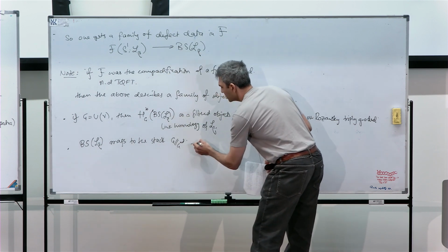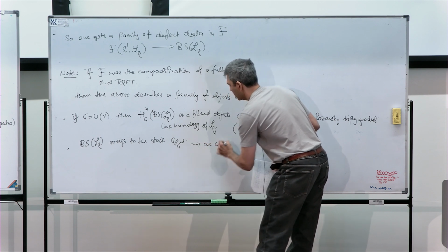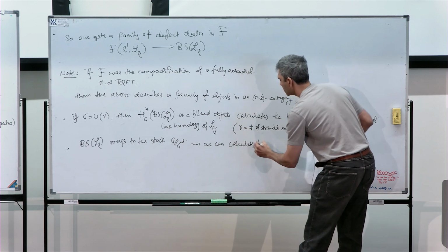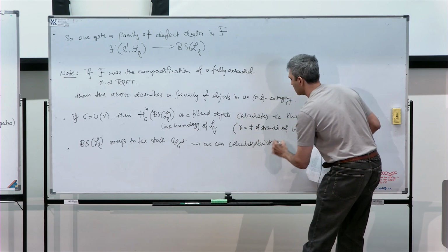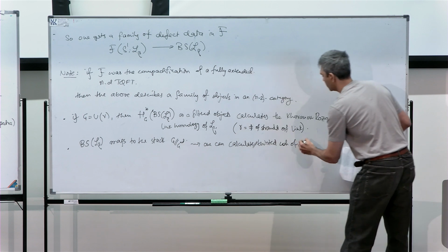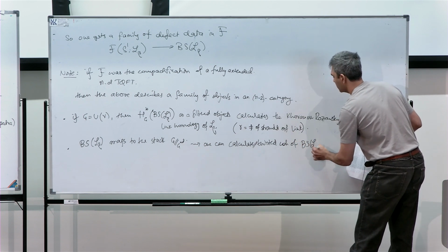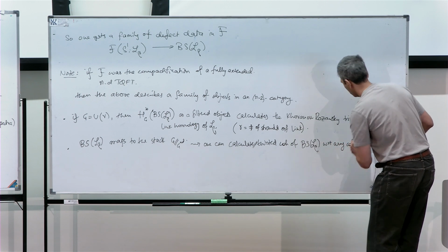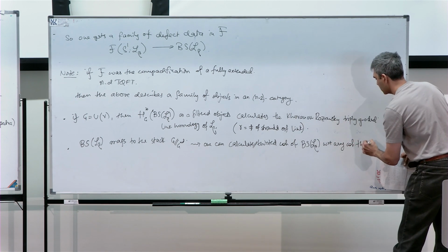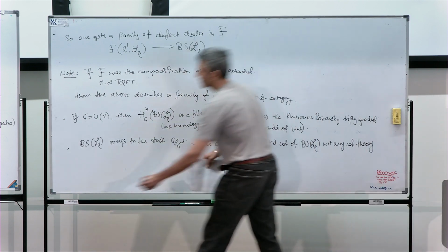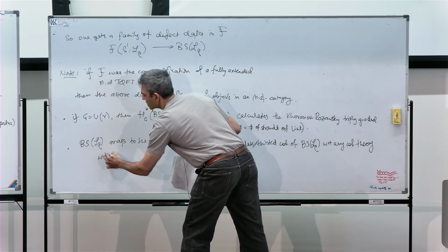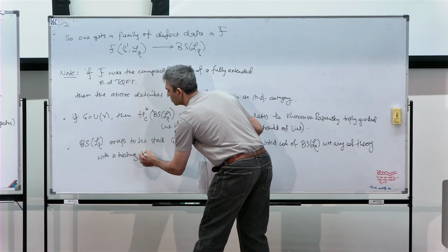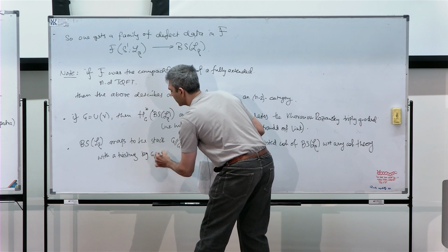So this implies one can calculate twisted cohomology of BSL beta with respect to any cohomology theory with twisting by G mod mod G adjoint.